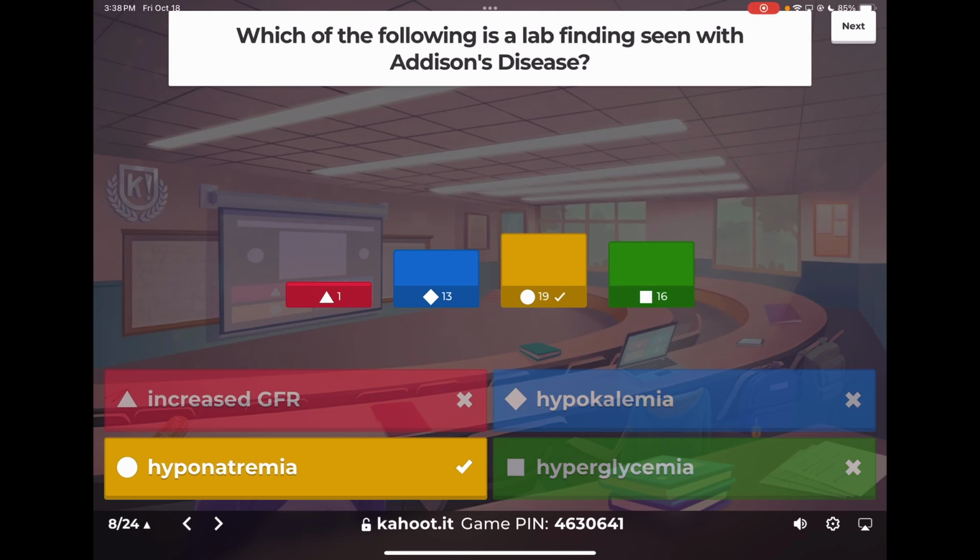Okay. Why hyponatremia? What two enzymes or hormones are you losing? Cortisol and aldosterone, right? Lack of aldosterone, hyponatremia, hyperkalemia. Okay, it's the aldosterone effect. Remember what aldosterone does? If you don't have it, what happens?